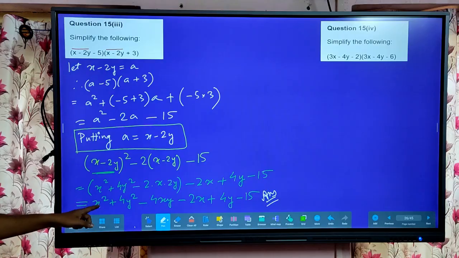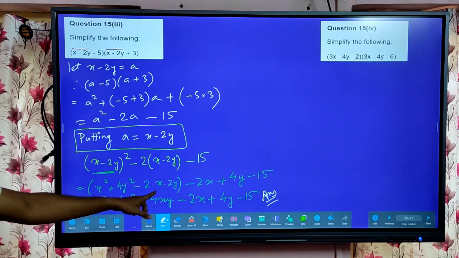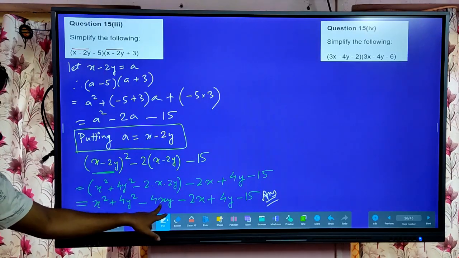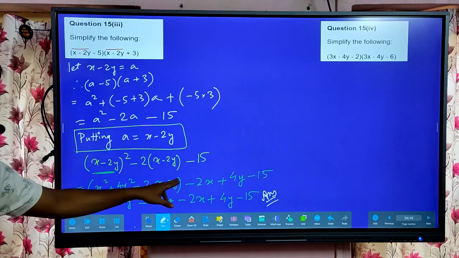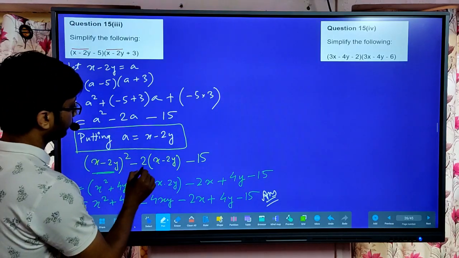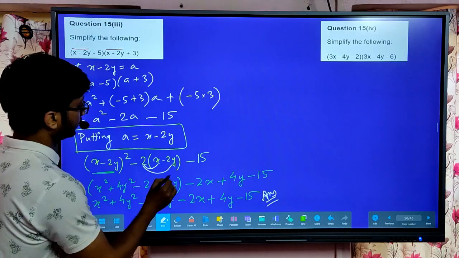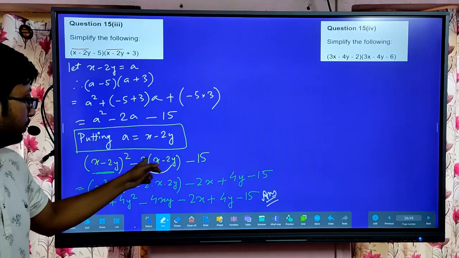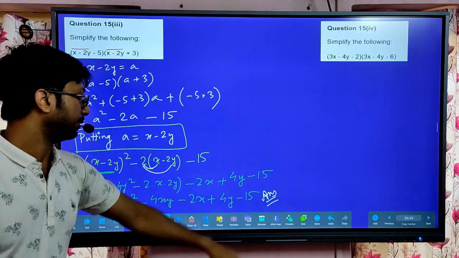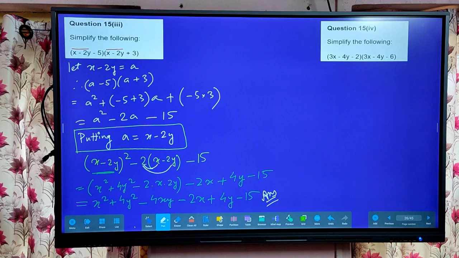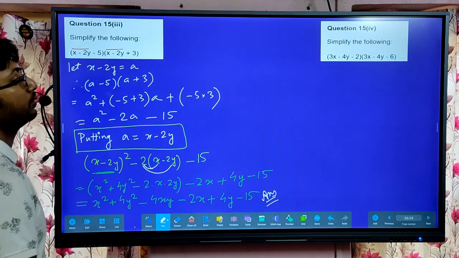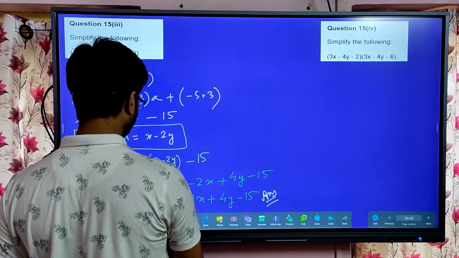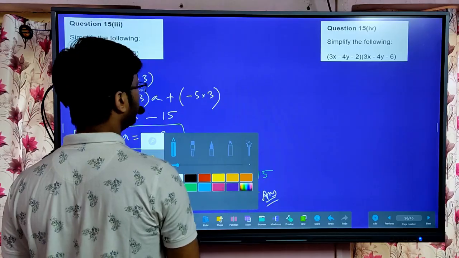Check it. In the same way, we will be doing this. Very easy, I will not do it in detail, I will just solve it roughly.